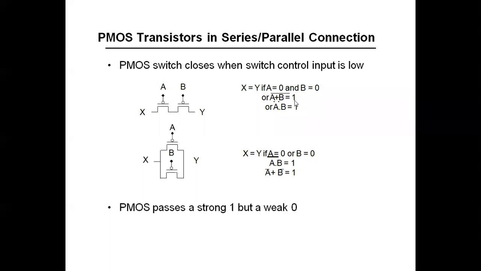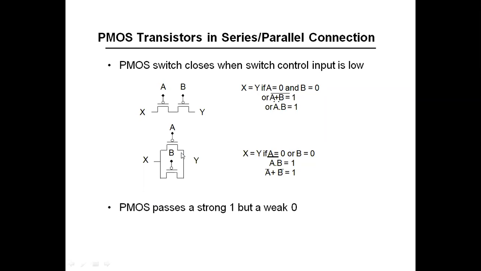So in case of both PMOS as well as NMOS, whenever these are connected in series, it's an AND function, and whenever these are connected in parallel, it's an OR function, right? Series AND function and parallel OR function. Okay, so you have to remember it in this manner.